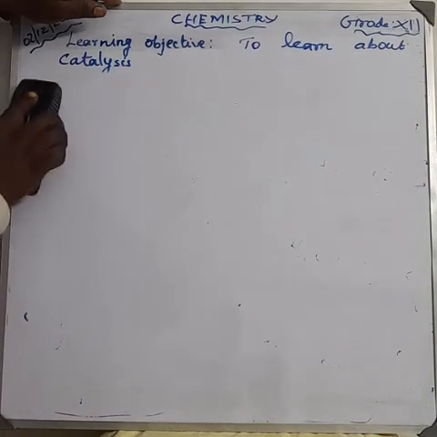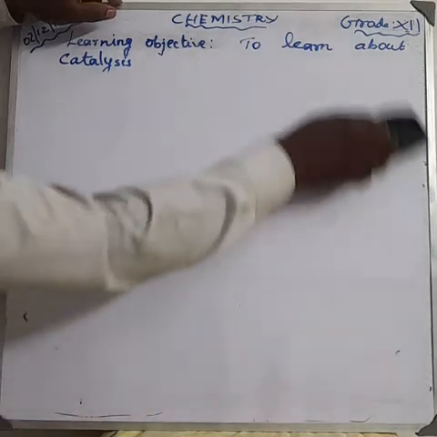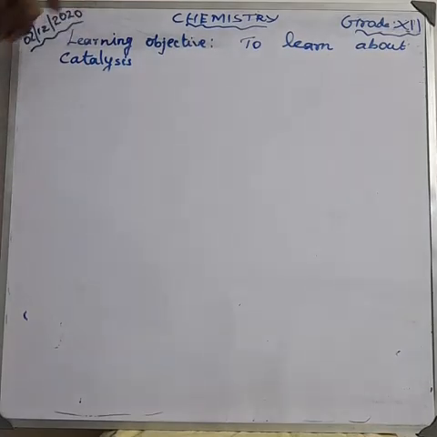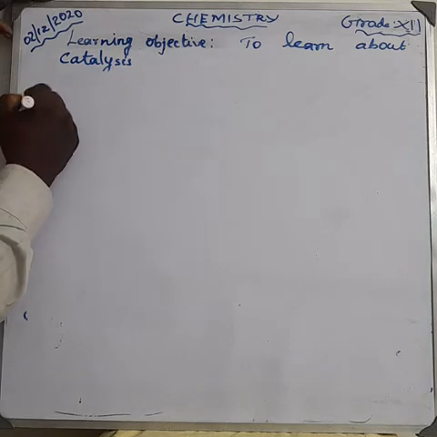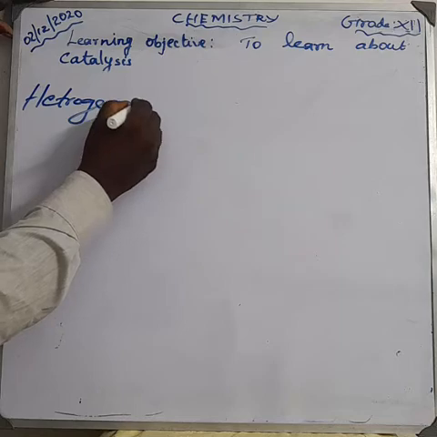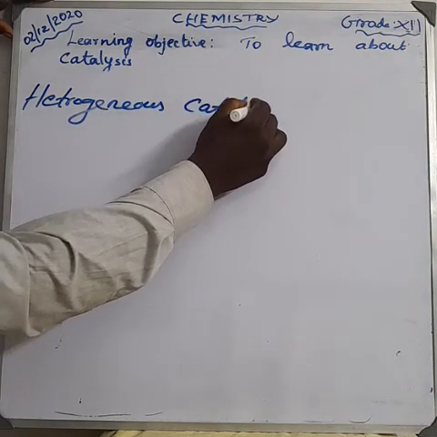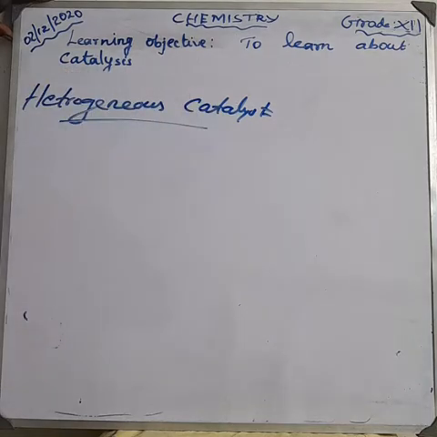the preparation of sulfur trioxide, which we call the contact process. Here the reactant and the catalyst are in different phases, so it is a heterogeneous catalyst.